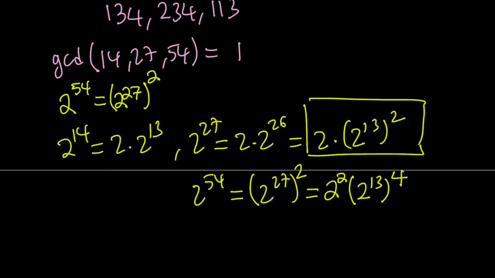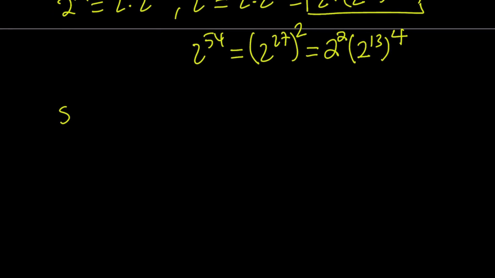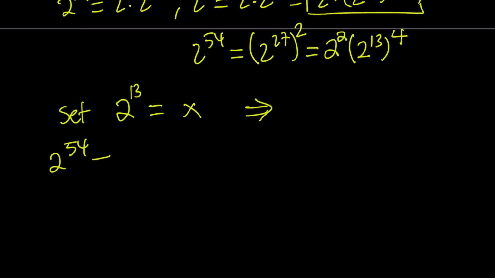And we're going to set 2 to the power 13, our magical number, equal to x. Okay, we're going to set this equal to x, and this implies the following. We have 2 to the power 54 plus 1 divided by 2 to the 27 plus 2 to the 14 plus 1.